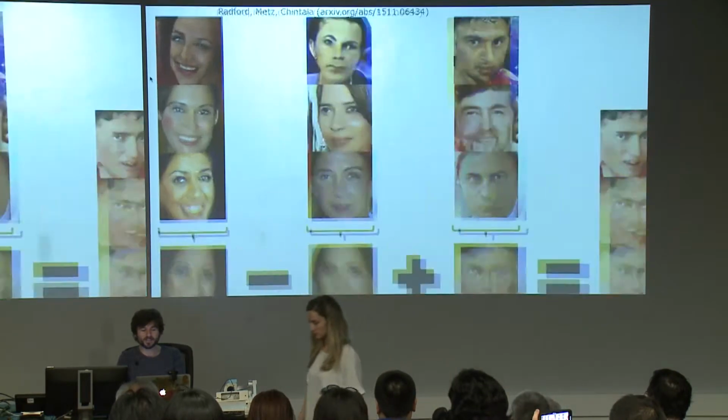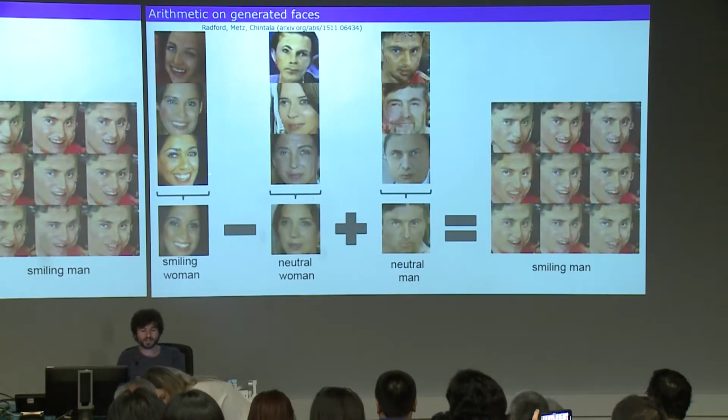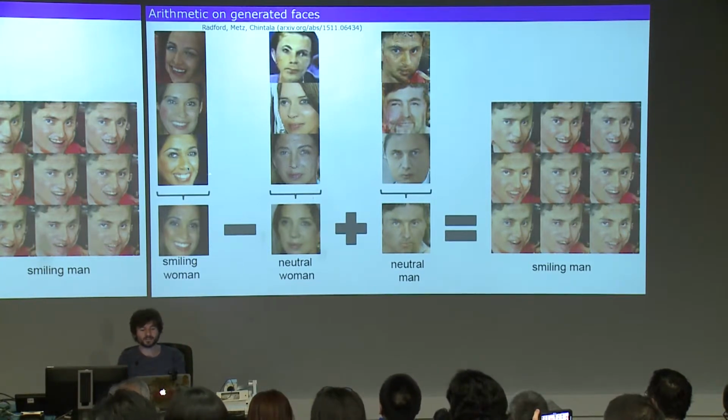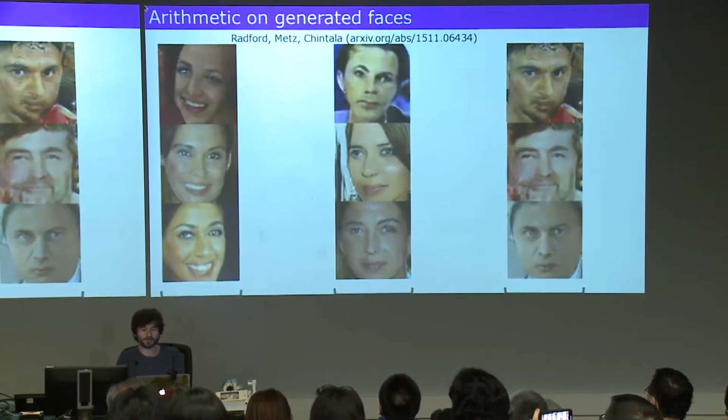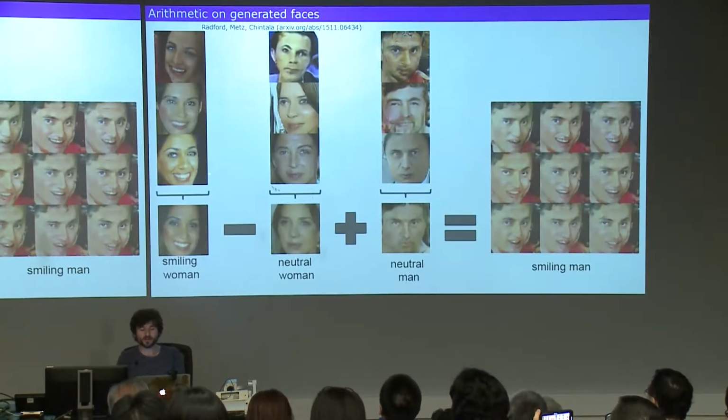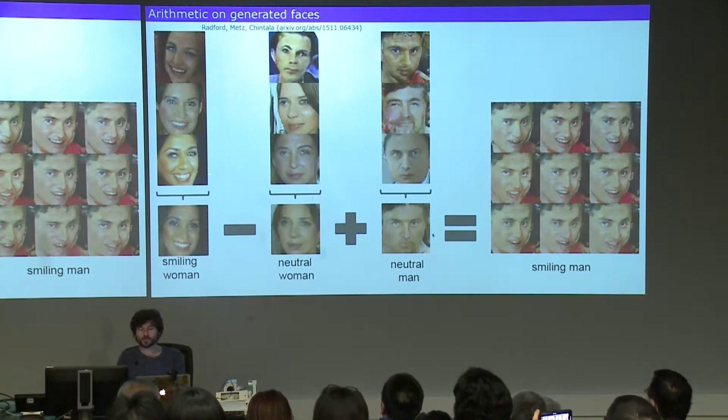Suppose you found the vector Z which produced images that look like faces of a smiling woman. And then you found the vector that generates faces of a neutral woman, and neutral just means a non-smiling woman. And then you added the Z vector for neutral man.